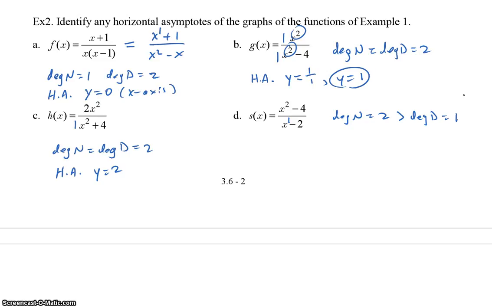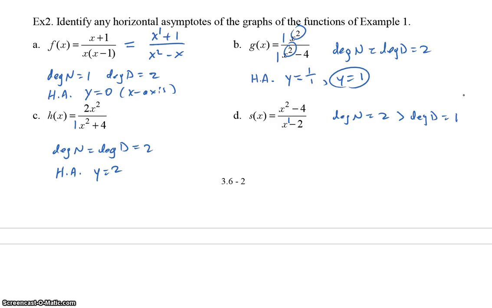Essentially what this means is that the graph never flattens out as x gets bigger. The graph just either rises or falls, but does not flatten. It doesn't level off, that is, as x gets bigger or smaller.